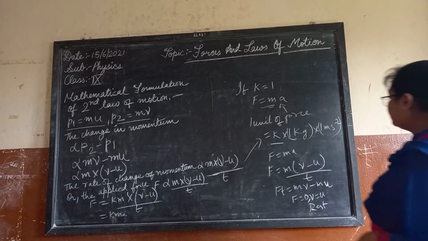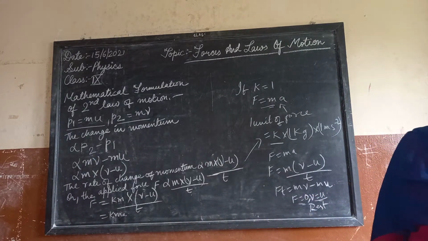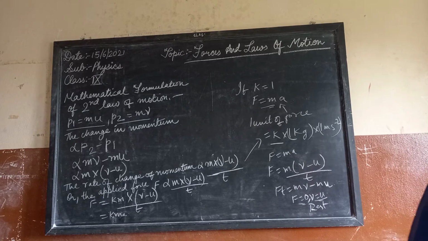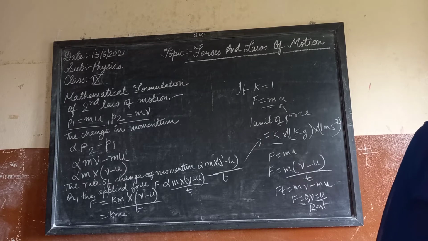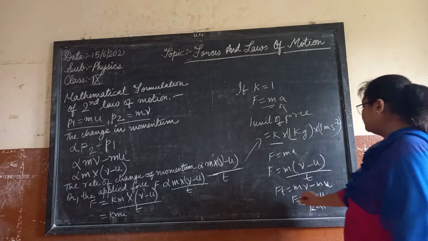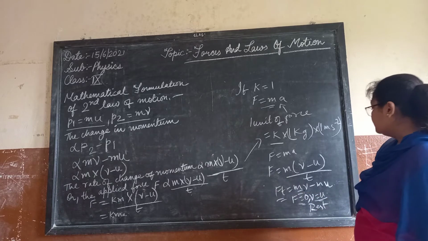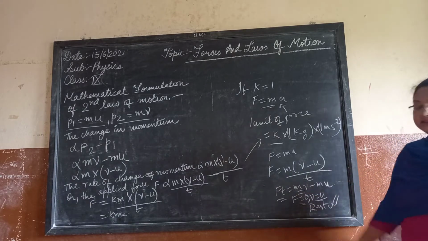If we take F equal to 0, then v equals u, so the velocity of the moving object will not change, and the object remains at rest or in uniform motion. Time taken t will be obviously 0 again, so it will be in the rest position itself.